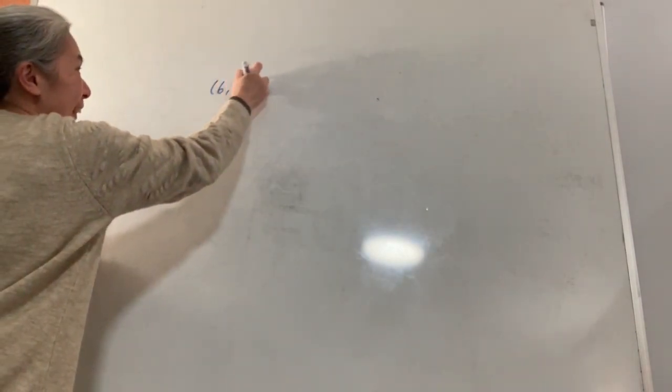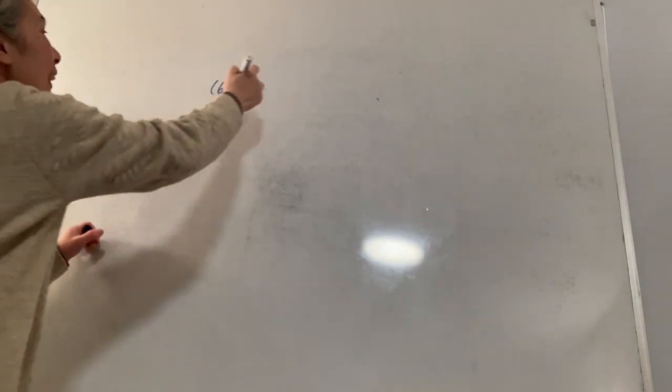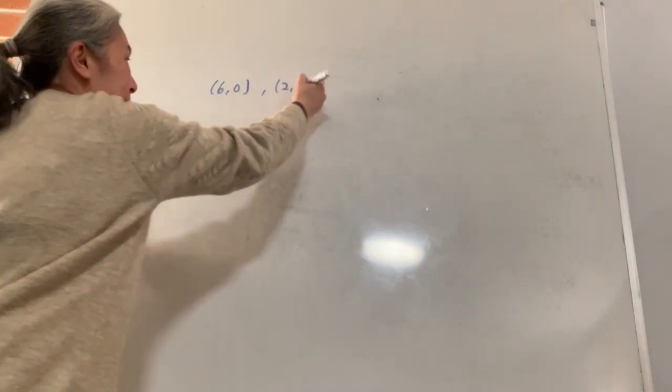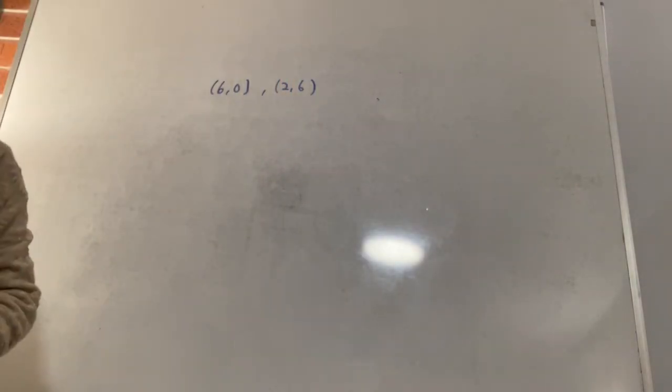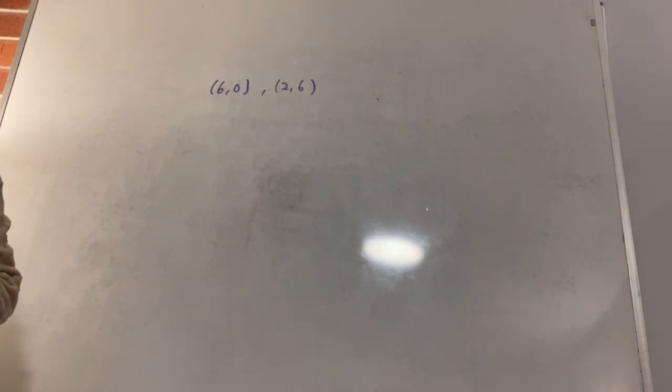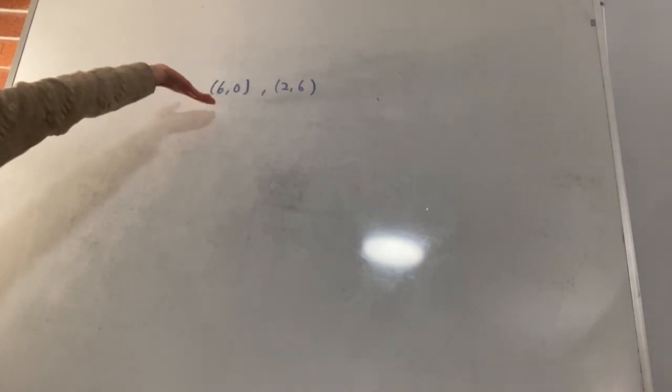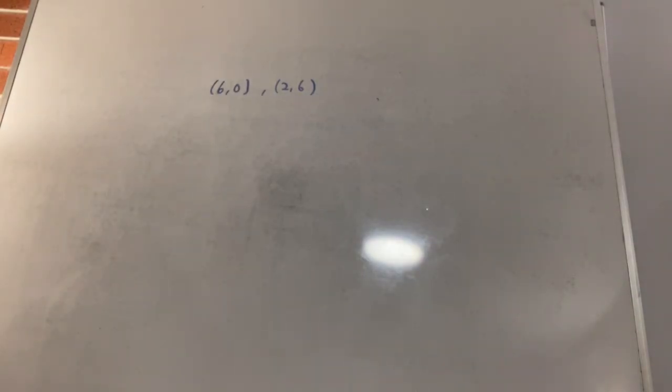The other one? (2, 6). You have 2 points. To find the equation, what do you need? m. Can you find m? Yes. Then you are done, right? Yes. Always, whatever plot I give you, give me 2 points.